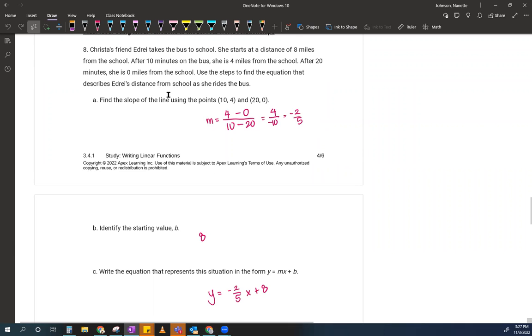So y is the distance from school. So she starts 8 miles away. And as time goes on, she gets 2/5 of a mile closer every minute. Or for every 2 miles they travel, it takes them 5 minutes. And that's how she's getting closer and closer to school.